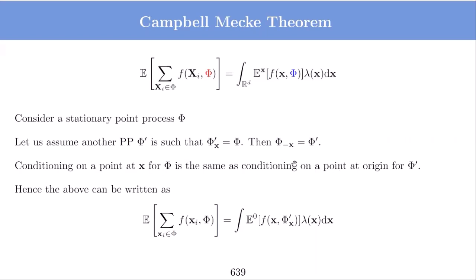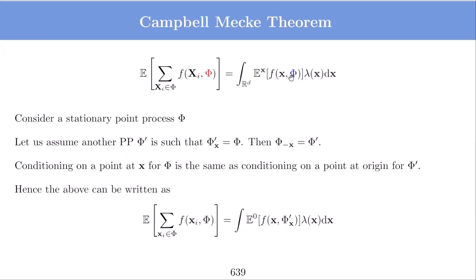So now if I look at this expression, this is the Palm expectation with respect to phi. Can I write it in terms of phi dash? You can think that phi is equal to phi dash shifted by x, so I can put phi dash x here.